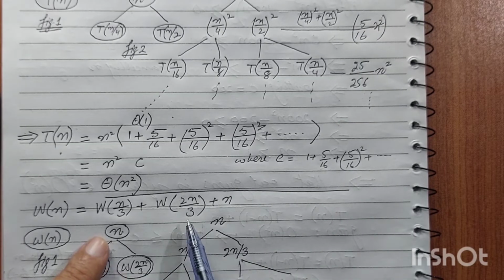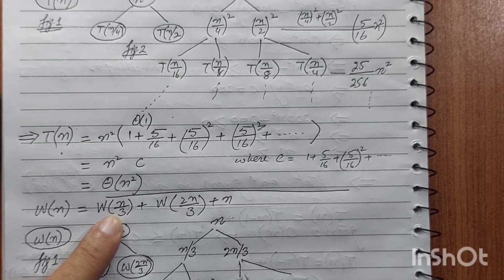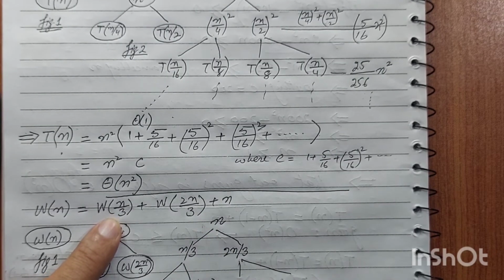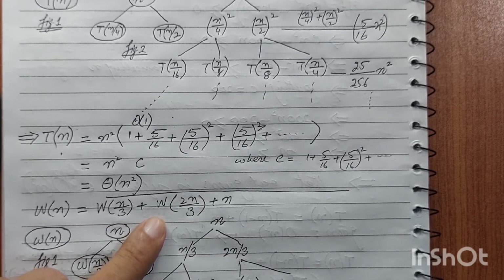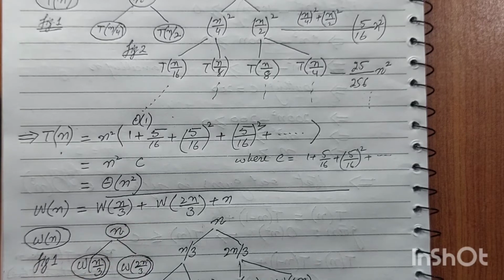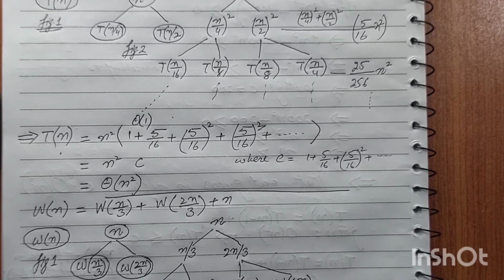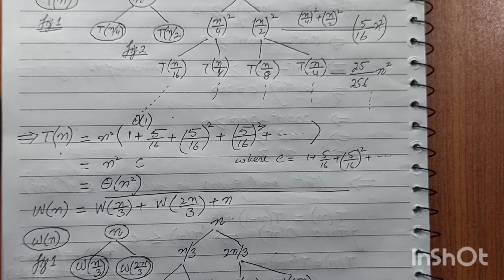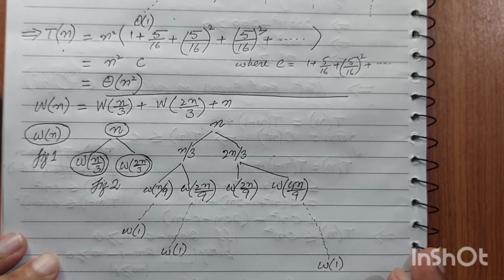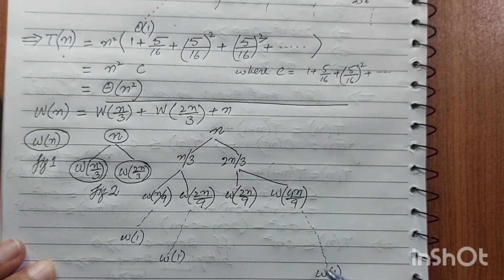And in this form replacing n with 2n by 3, it will become 2n by 9, 2n by 9, and it will become w of 4n by 9, and so on. Definitely this branch is going to be a shorter one for reaching w1, this would be a little bit longer one, and this would be the longest branch to reach w of 1. This branch is going to take the most time.